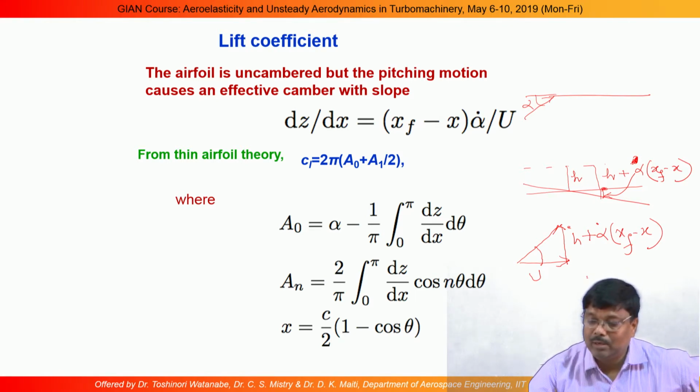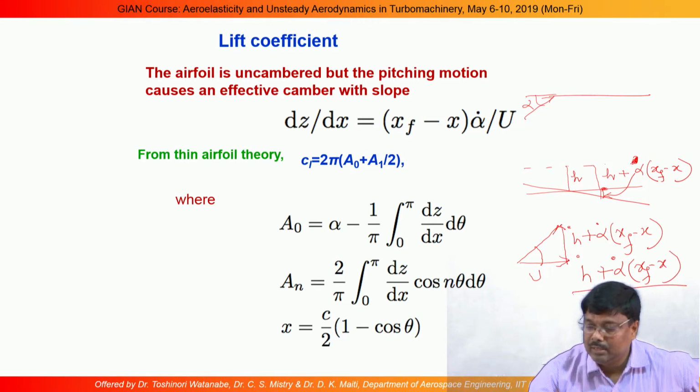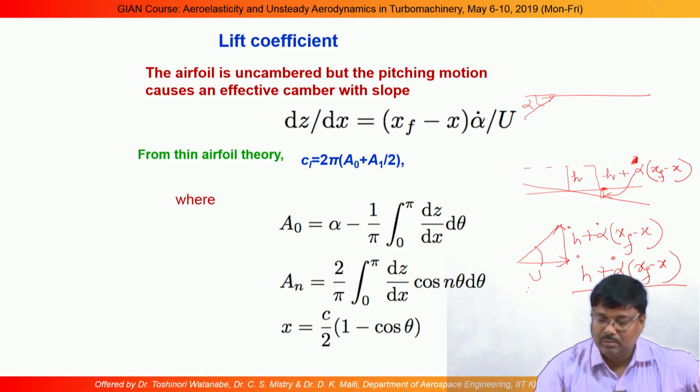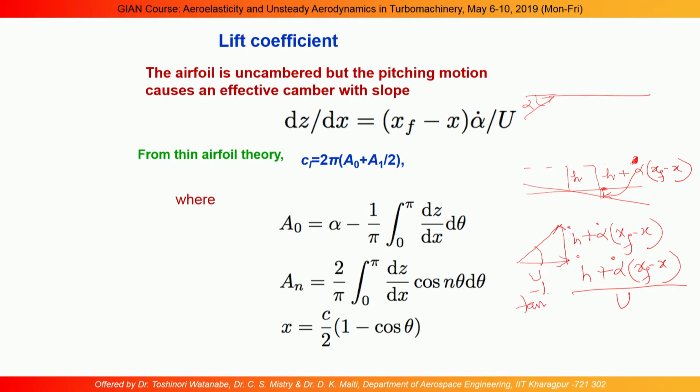This relative angle of attack is nothing but h dot plus alpha dot xf minus x divided by u. That is basically tan inverse. This additional angle is tan inverse of this. Because these angle deformations are small, I can approximate as h dot by u plus alpha dot by u, this is the forward velocity, and xf minus x.